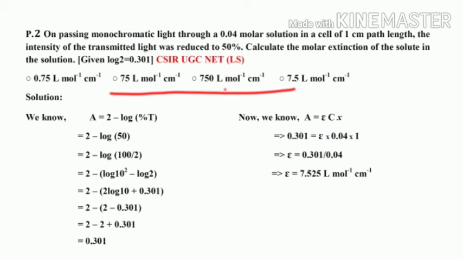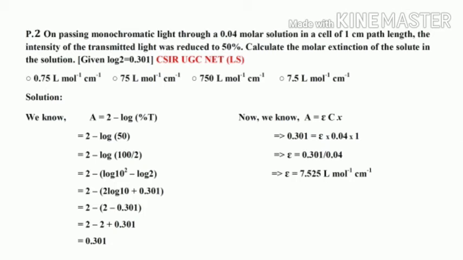Now let us solve this problem. So here we will use the relationship A is equal to 2 minus log of percentage T, and substituting the value of percentage T, we get A is equal to 2 minus log of 50, since the transmittance value is 50%.